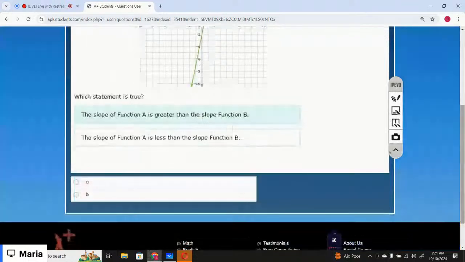Slope of function A is less than slope of function B. Got it? Option number B is the correct option, right?